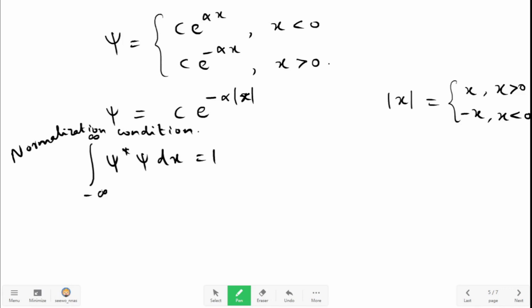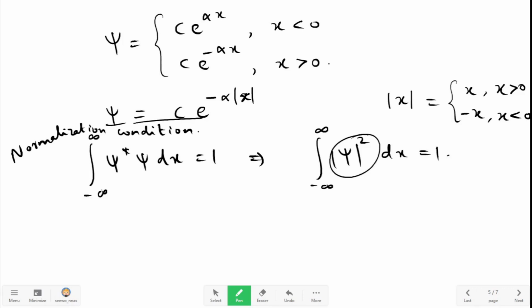Now psi is a real function, so you have to just square. And you can see psi is an even function, therefore this is also an even function. So you can make use of the property of even functions and write 2 times integral 0 to infinity psi square dx, which is equal to 1.